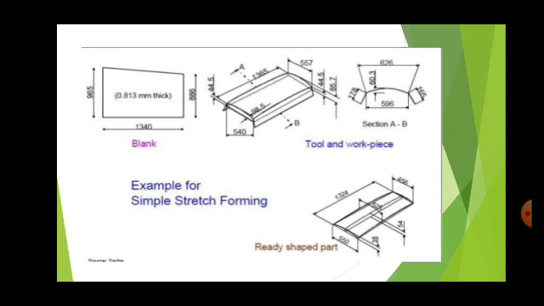This image shows us an example of simple stretch forming. We can make these kinds of shapes with the help of simple stretch forming. So that's all about simple stretch forming.